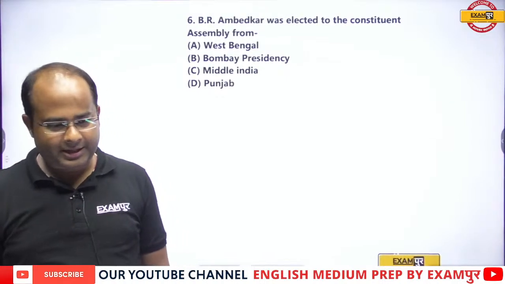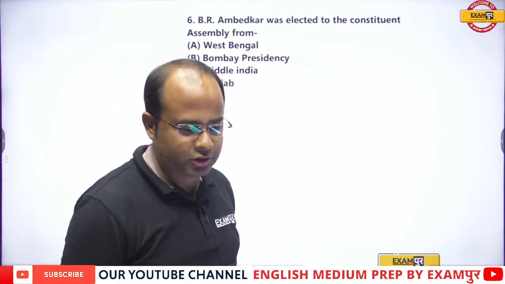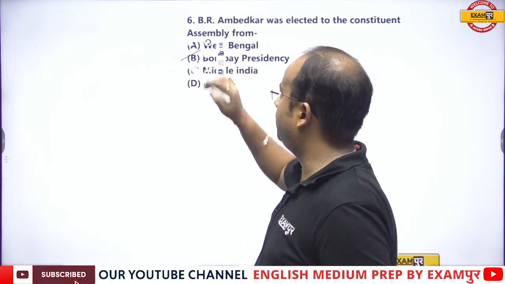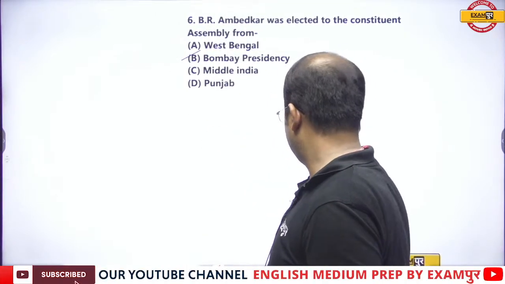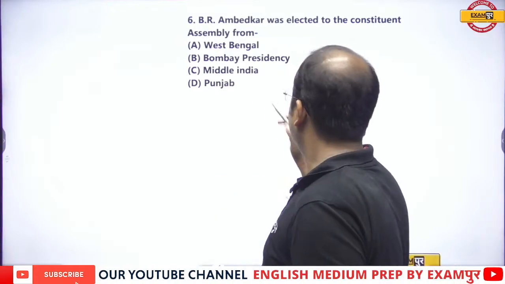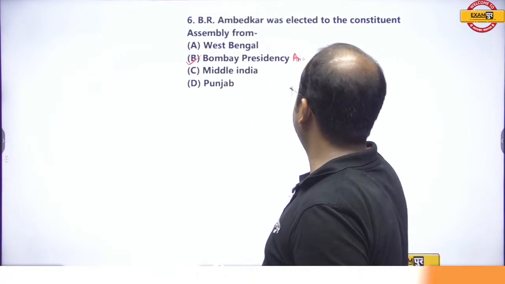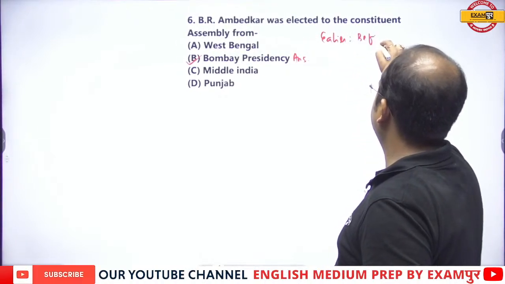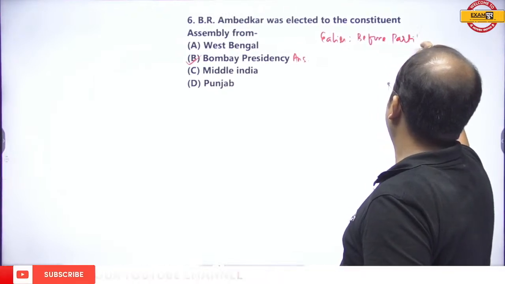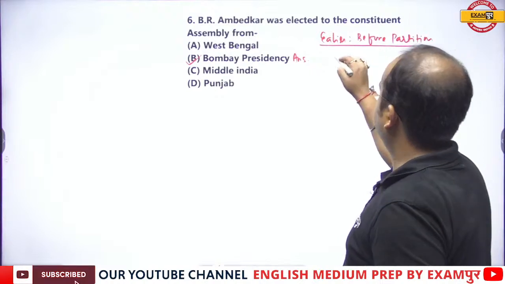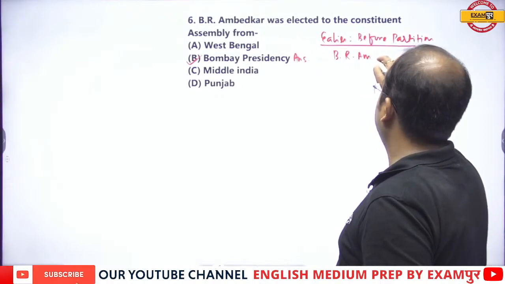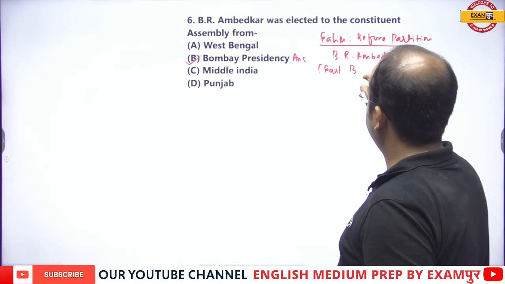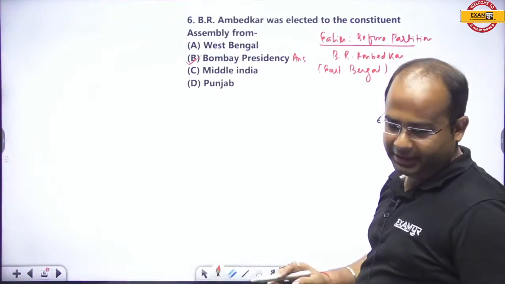Okay guys, let's see the correct answer. B.R. Ambedkar was elected to the Constituent Assembly from Bombay province. Let me tell you an interesting story about Bombay Presidency. Earlier, before partition, B.R. Ambedkar was elected from the eastern part, the East Bengal region.